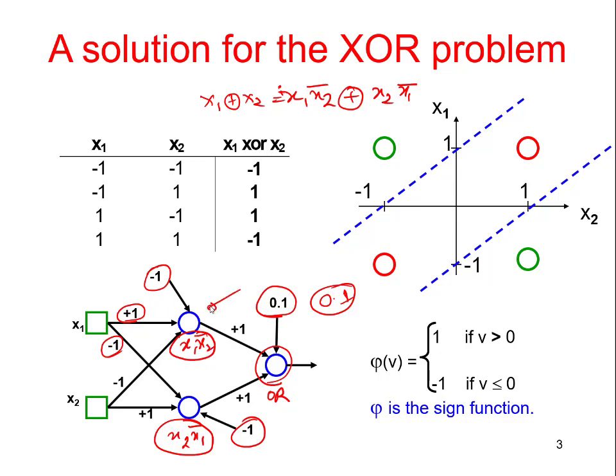At this neuron, we are implementing x1 and not x2. If you can see the linear separability line, this portion, like x1 and x2 bar, can be represented with a single line, a single perceptron line, and it can be called a perceptron.